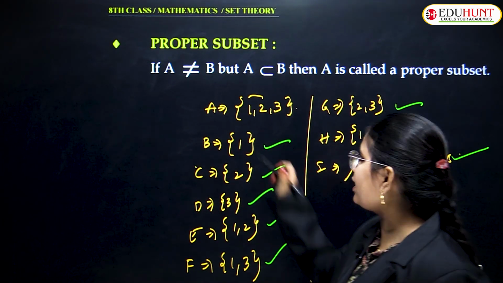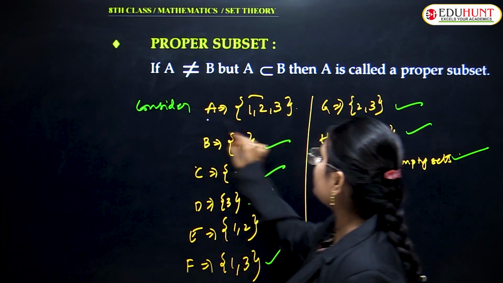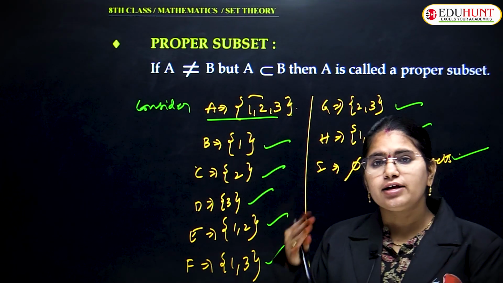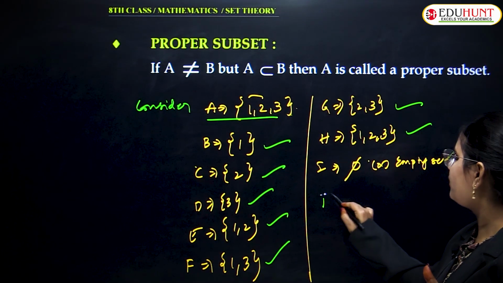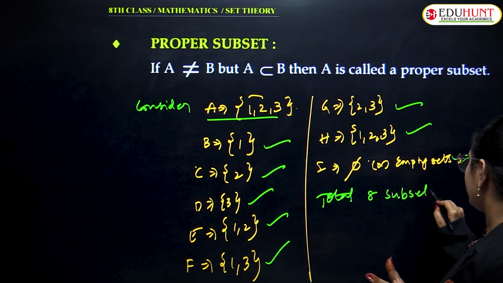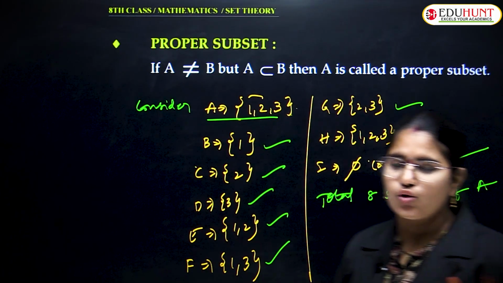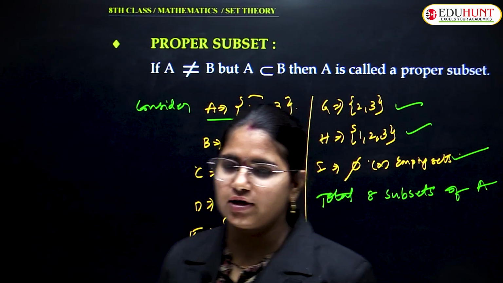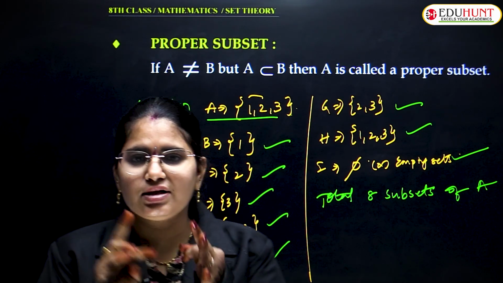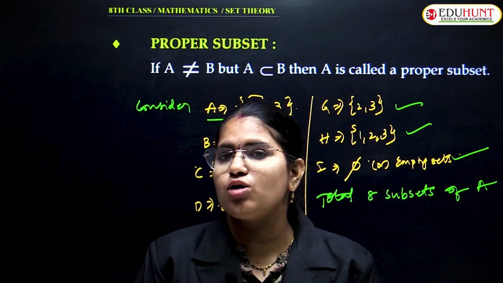So if I take any one set, considering one example, A is equal to 1, 2, 3, I can get a total of 8 subsets of set A. What I am saying is, if I consider an example consisting of 3 elements, in total I got how many subsets of the main set?